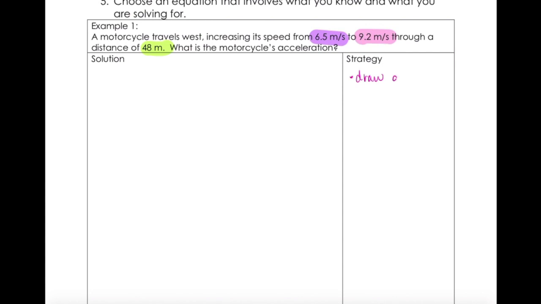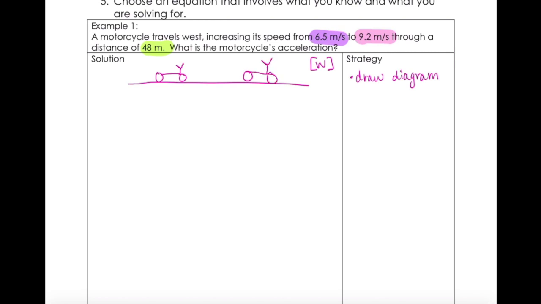Okay, so the first thing we should do is draw a diagram as far as a strategy for solving this problem. So we have a motorcycle and they are traveling west. Okay, and so here's our motorcycle. It's a beautiful drawing, I know. And so they're traveling west.